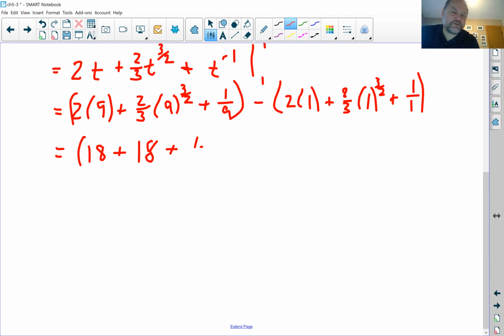Again, you could certainly use a calculator to simplify this, although don't get too reliant on the calculator because it will only be available during part of the AP exam.